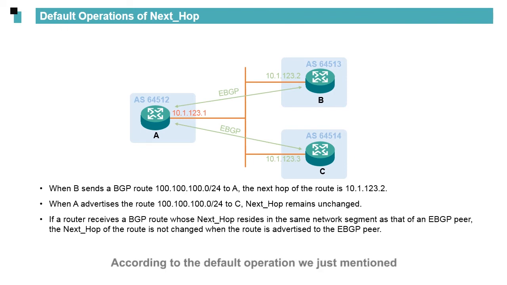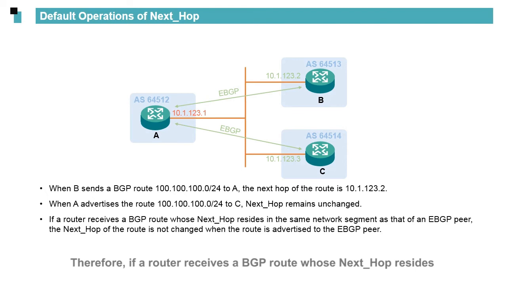According to the default operation we just mentioned, when A sends the route to C, A sets the next hop value of the route to its local source IP address. In fact, such transmission is unnecessary.